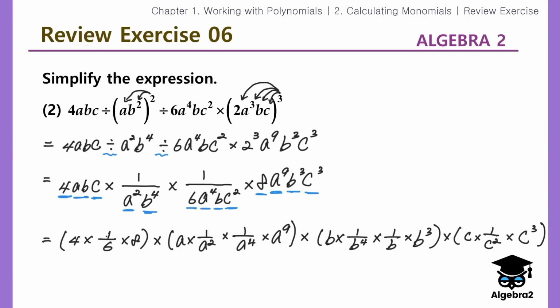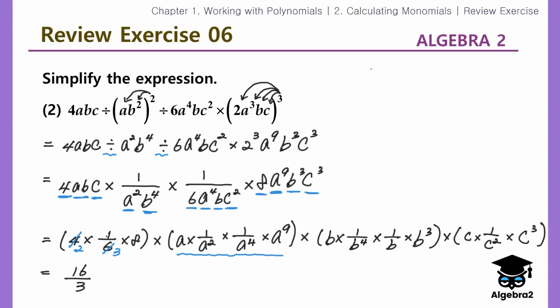Right? So, let's simplify this number right here. 2 times 2 times 2, 2 times 3. So 2 times 8, that's 16. 16 divided by 3, that's 16 over 3. Here, let's look at this part right here.